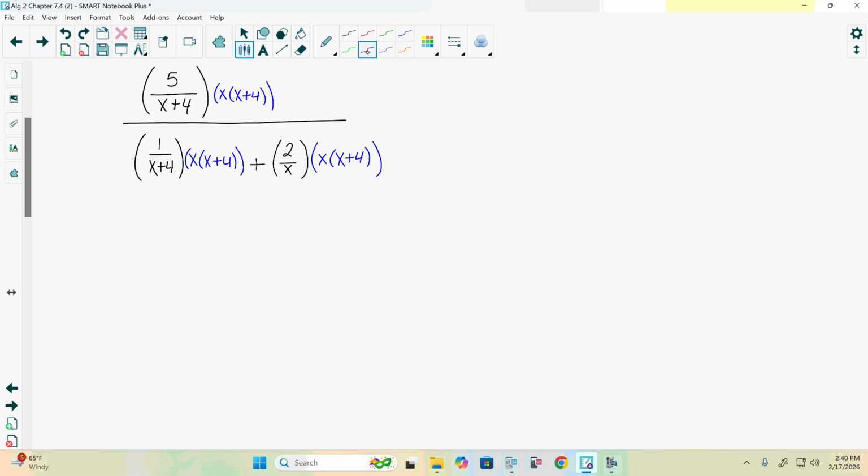Now, when we do this product on top, this x times x plus 4 is over 1. We don't write it because it's not necessarily necessary. It's understood to be there. So really what we're doing on top in the numerator of the numerator is we're multiplying the 5 and the x times x plus 4.